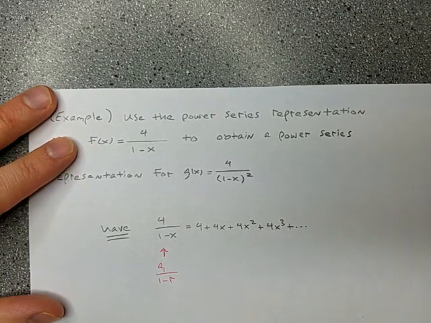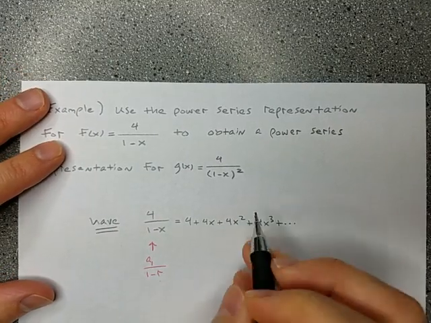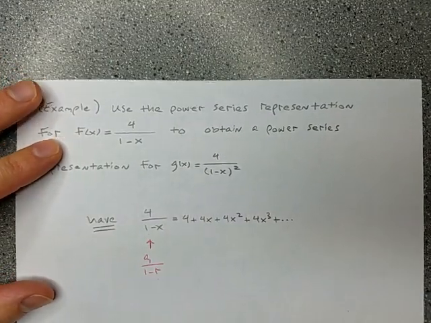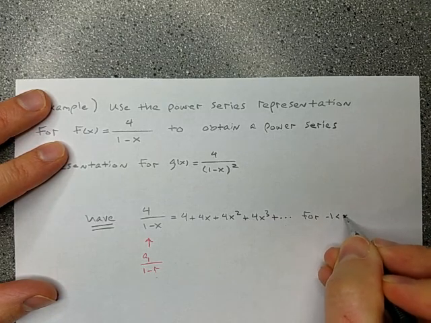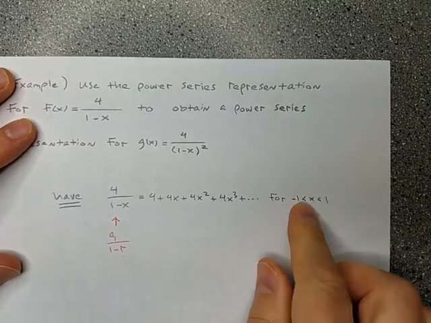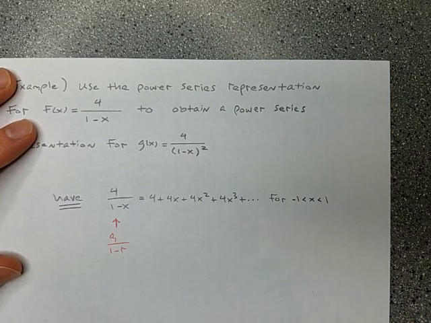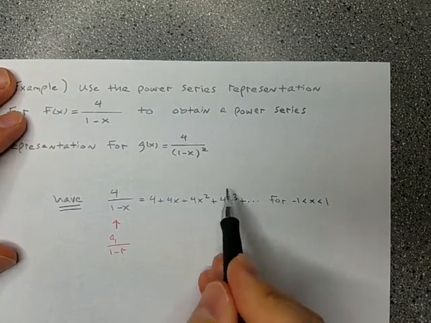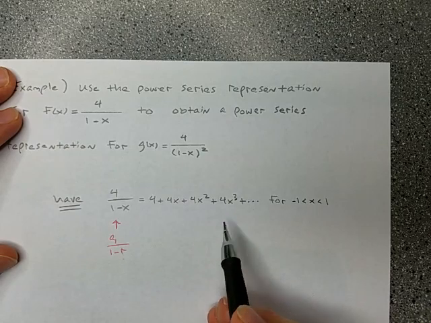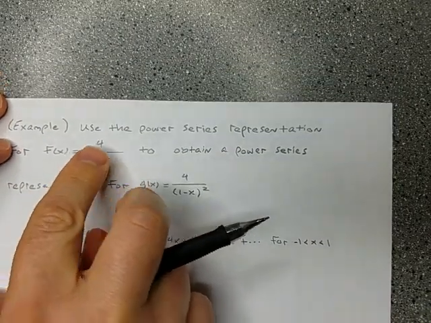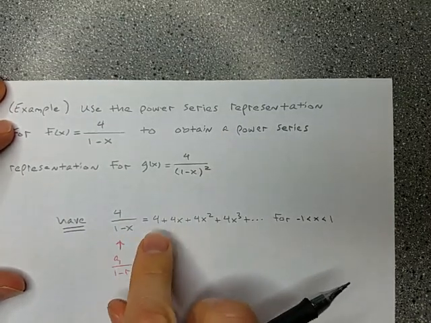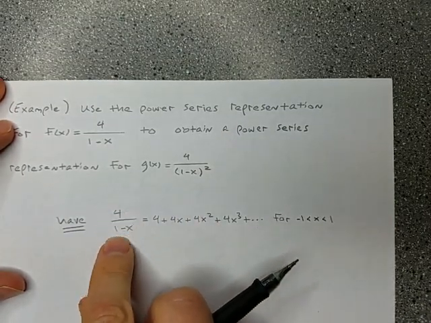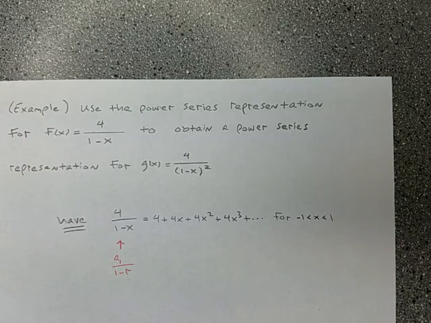Is there some interval of convergence for that? Yes, it's -1 less than x less than 1 because r is x. So that's at least a starting point. Well, at least now I've got the power series for 4 over 1 minus x. I just recognized that it's a geometric series.